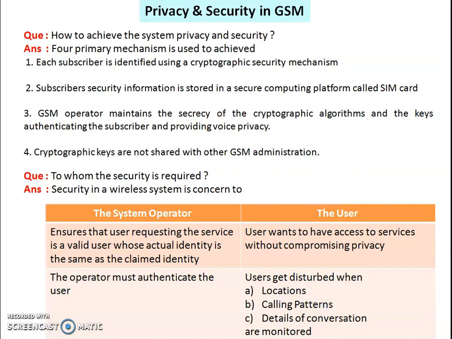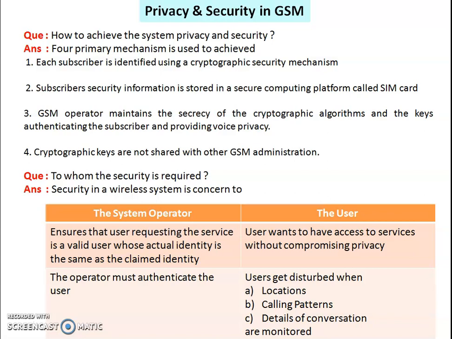Now privacy and security in GSM. A few questions we will try to understand: how to achieve system privacy and security. Four primary mechanisms are used to achieve it. The first is that the subscriber is identified using a cryptographic security mechanism. The second is that subscriber security information is stored in a secure computing platform called the SIM card.